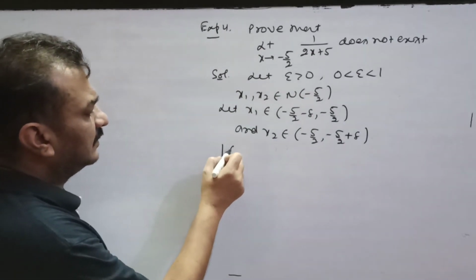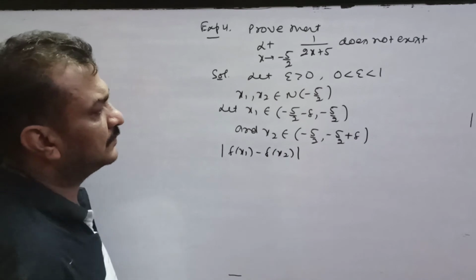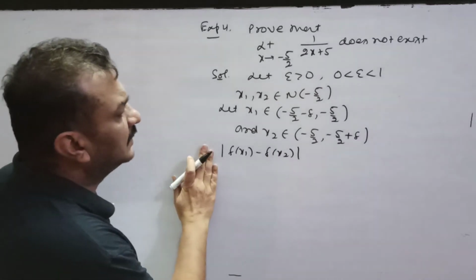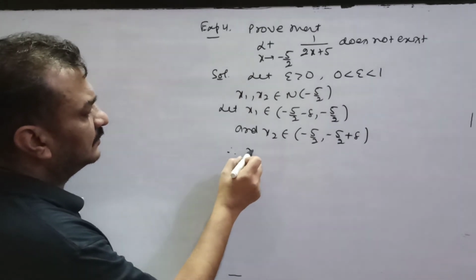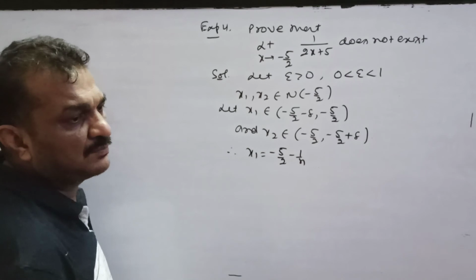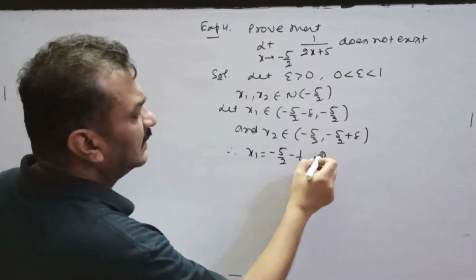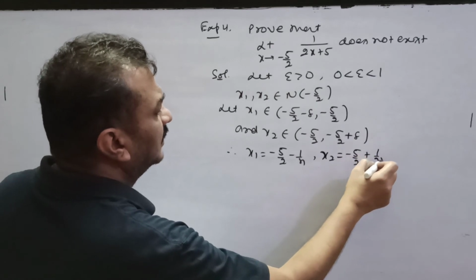So we take f(x1) minus f(x2). For x1 we write minus 5 by 2 minus 1 by n, where n is a natural number, and x2 is minus 5 by 2 plus 1 by 2n.